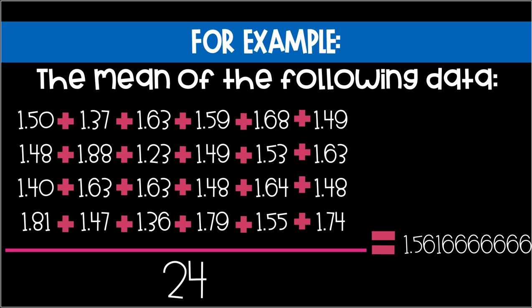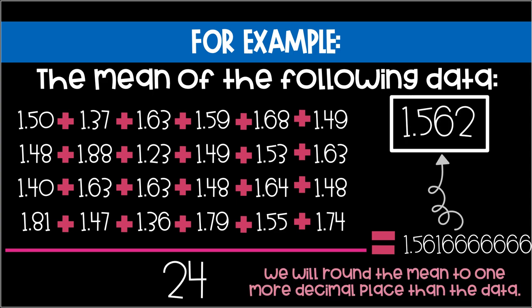Because we want to round our mean to one more decimal place than the data, we're going to round 1.561666 to 1.562. Our data set had values with 2 decimal places, so our mean will have 3 decimal places.